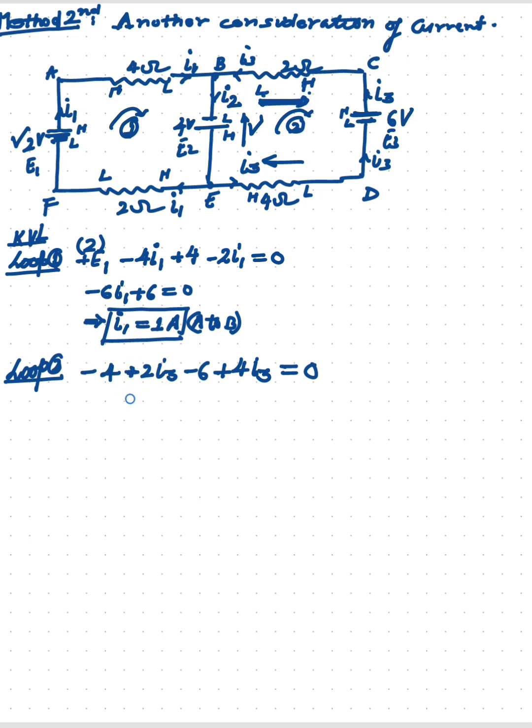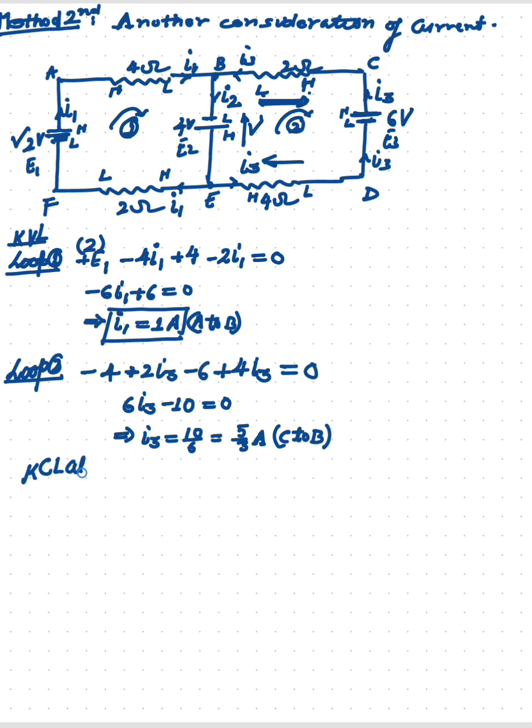So this will be 6I3 minus 10, equals 0. So this implies I3 equals 10 upon 6, so this will be 5 upon 3. This time we are getting positive. That means the direction we have assumed is the correct direction. So I3 is positive, and the direction we already assumed is C to B. So this is correct.